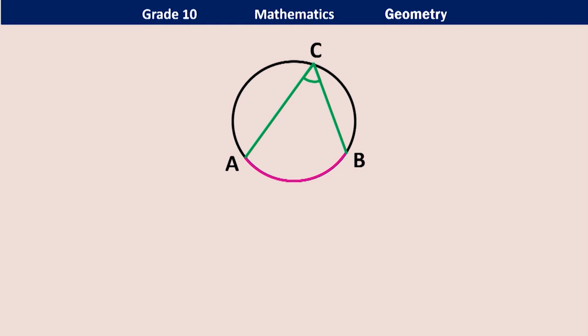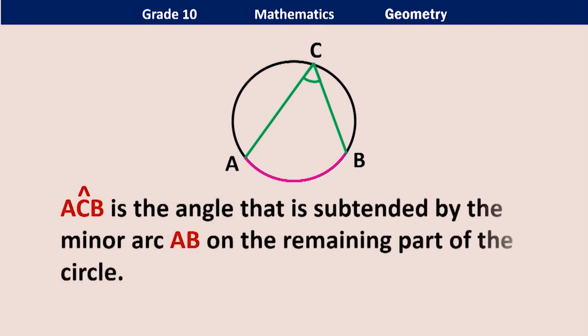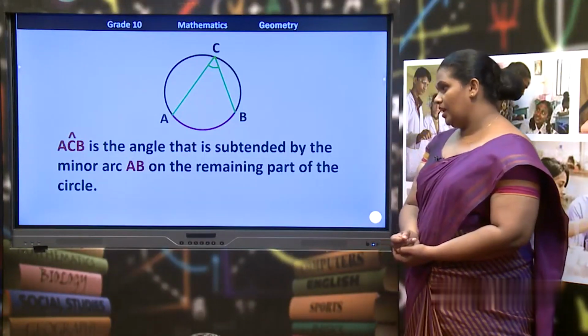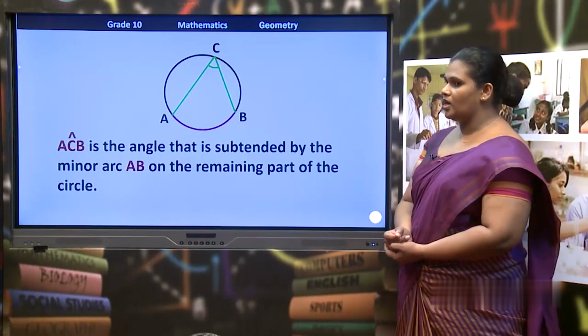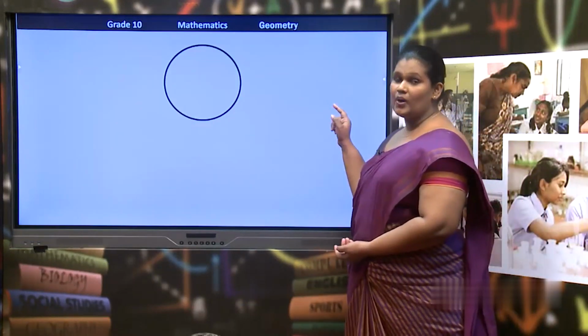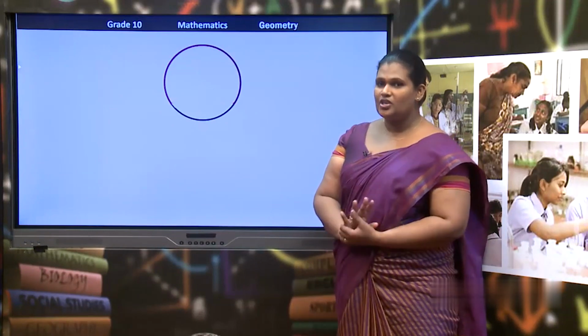So, here we are talking about the angle subtended by a minor arc on the remaining part of the circle. So, we can call ACB the angle that is subtended by the minor arc AB on the remaining part of the circle. Right. Likewise, we have got the major arc as well.